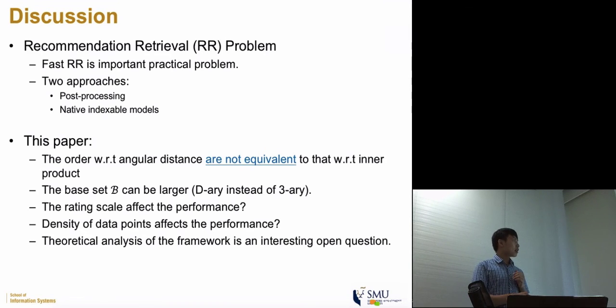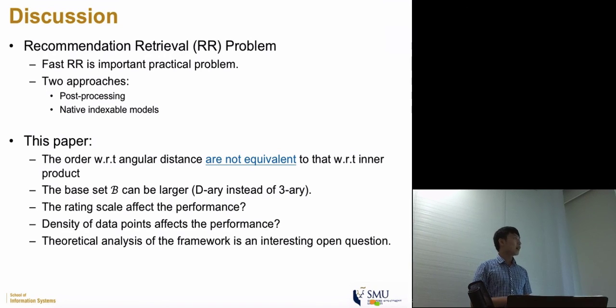And the two discussion questions. The first is that the rating scale may affect the performance, because right now I think they assume that the rating scale is positive because the inner product can be smaller than 0. In this case, they assume that the smallest value for inner product is 0, which is influenced by this rating scale.